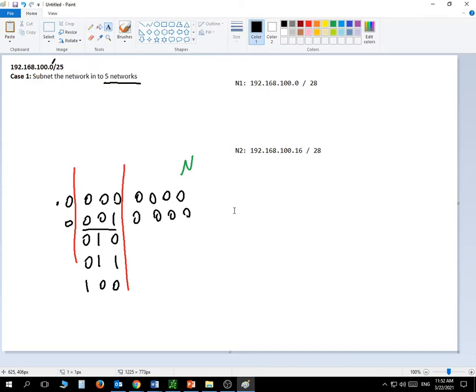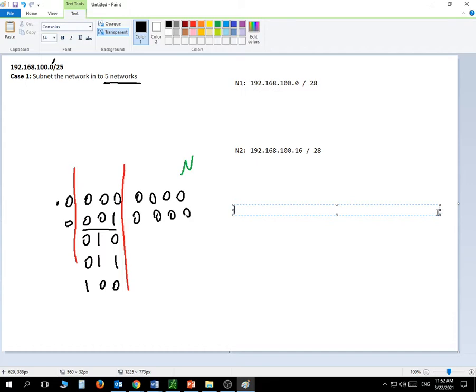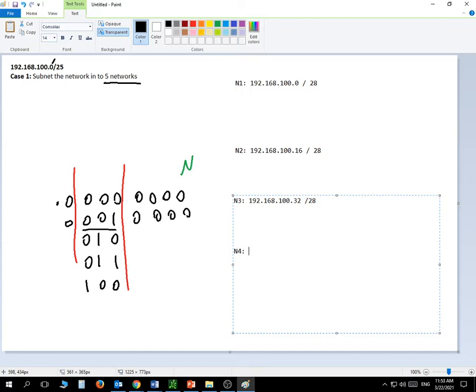Okay, so let's move on to the third one. This is going to be network 3, 192, 168, 100, 32. And the prefix is going to be the same, 28. Now finally, wait a minute, I have 5. Now finally, network 4, 192, 168, 100, and that will be 32 plus 16.